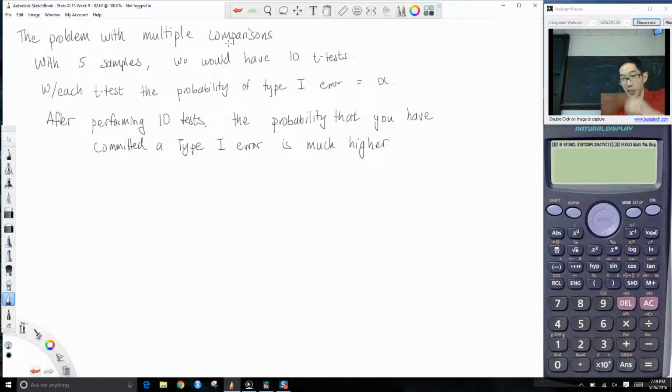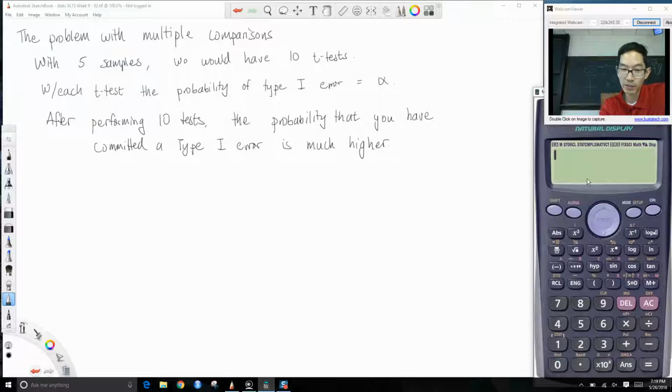Naively, if each time we perform a test there's a 95% chance that I won't commit a type 1 error, and I raise this to the 10th power, the probability that I get through is now only about 60%. So there's about a 40% chance that I've committed a type 1 error.